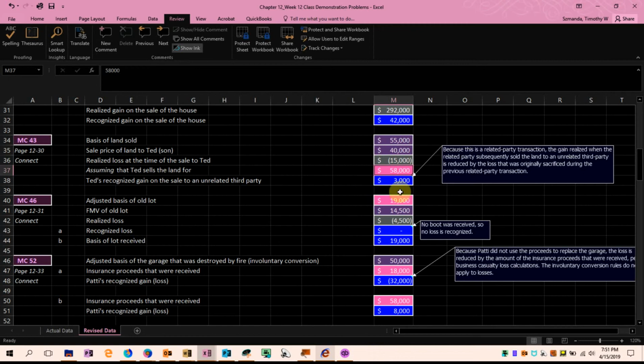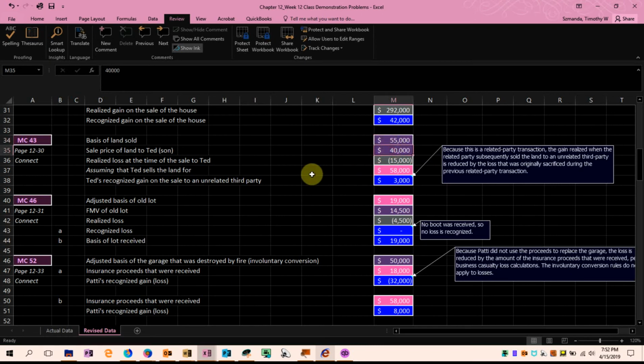Because this is a related party transaction, the gain realized when the related party subsequently sells the land is reduced by the loss, if the land is sold to an unrelated party. What's going on here then is that loss that was originally incurred between the related parties cannot be recognized because they're related parties.